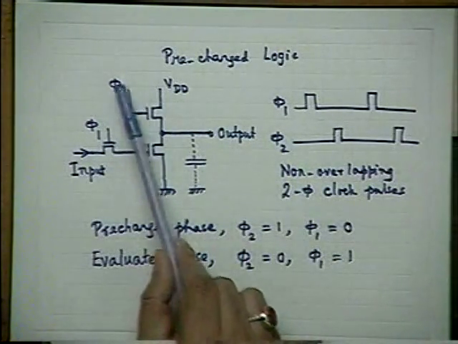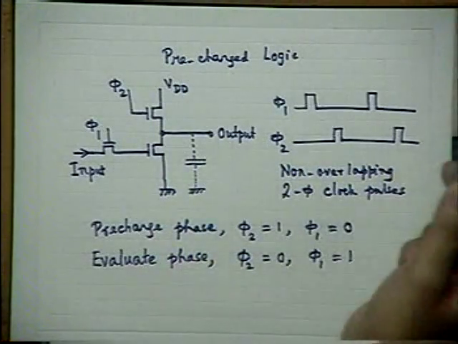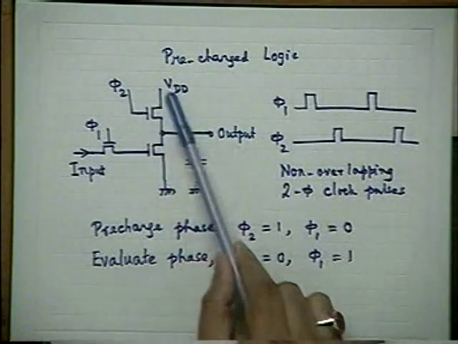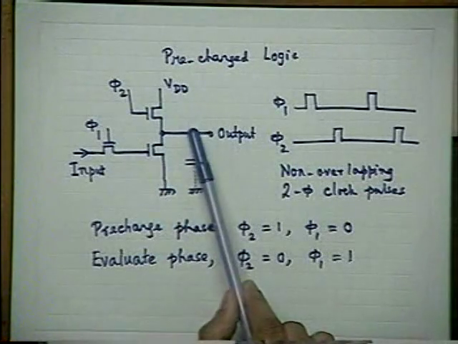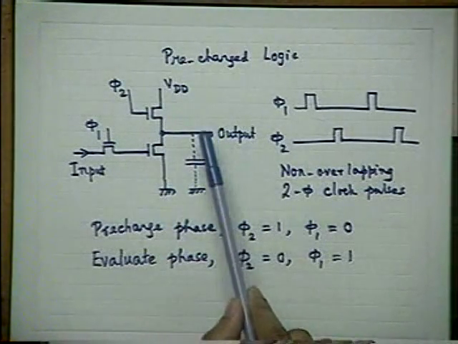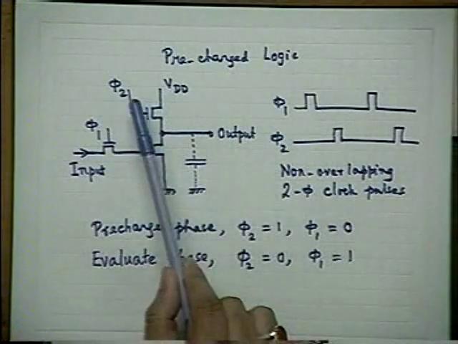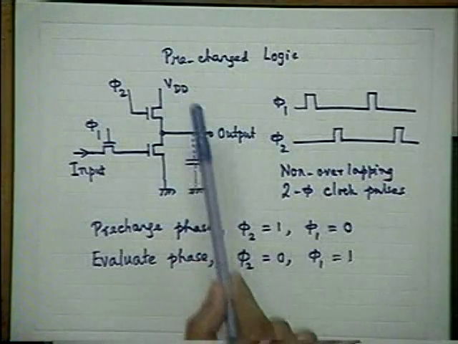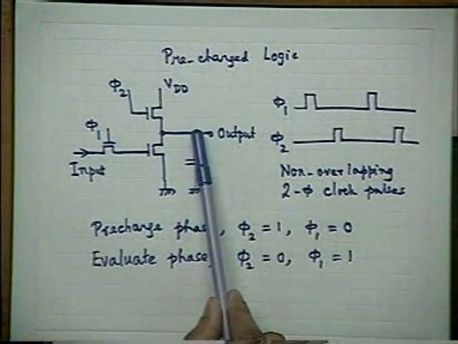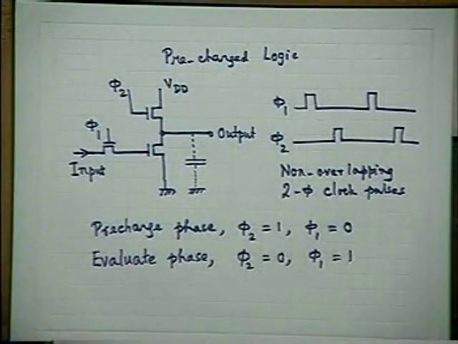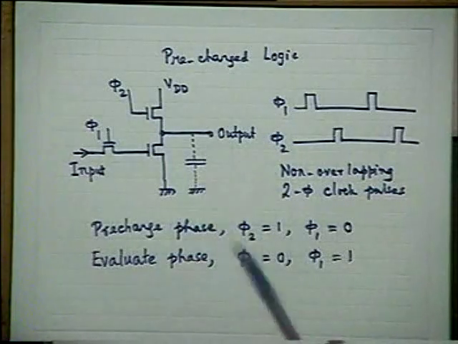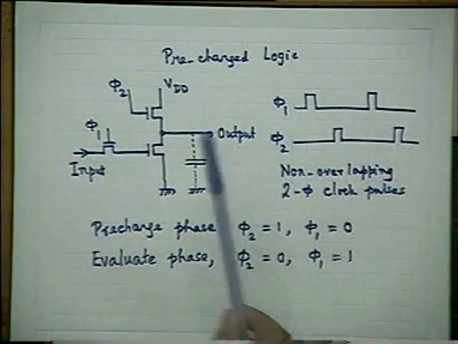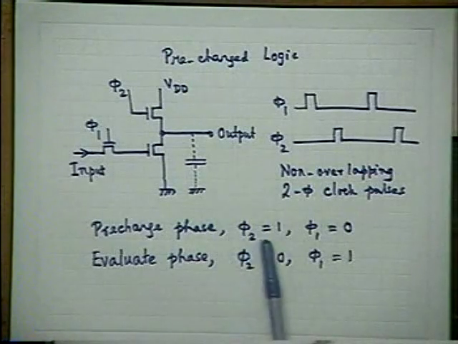But if phi 2 is at least VT more than VDD, it will remain in linear region, and the output will charge to the full voltage VDD. So when phi 2 is high and phi 1 is 0, the output node is charged to VDD. That means whatever capacitance is associated between this output node and ground will charge to the full voltage, and the output will become high and sustain high till this condition is maintained.